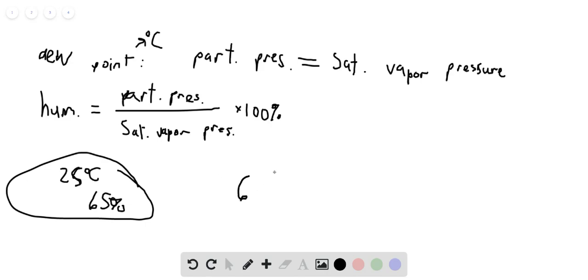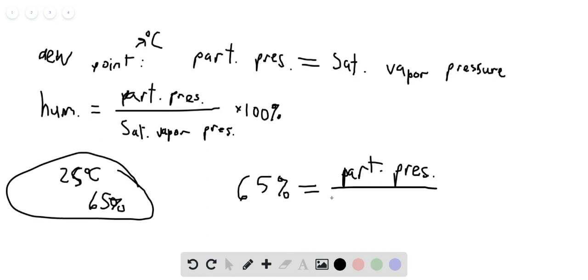Humidity of 65%, we'll use this equation here. Humidity equals partial pressure divided by saturated vapor pressure times 100%. So humidity of 65% equals partial pressure. And now we'll have to look in a table to know what is the saturated vapor pressure if the temperature is 25 degrees Celsius.